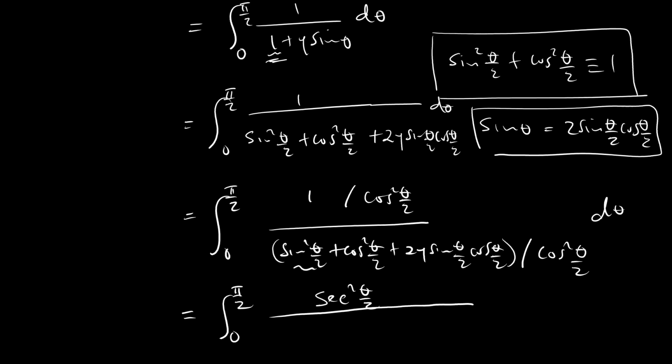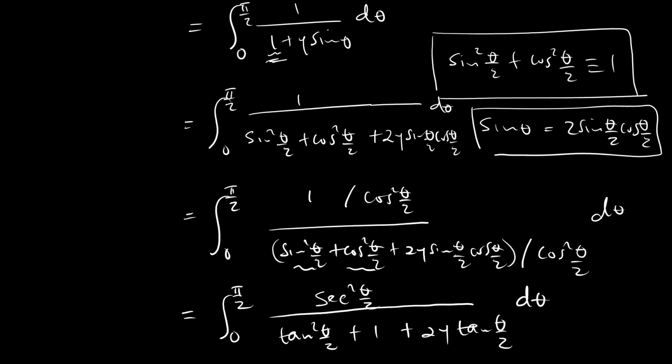And here we would have tangent squared theta over 2, plus 2y tangent theta over 2, plus 1. So that's where our problem has brought us.